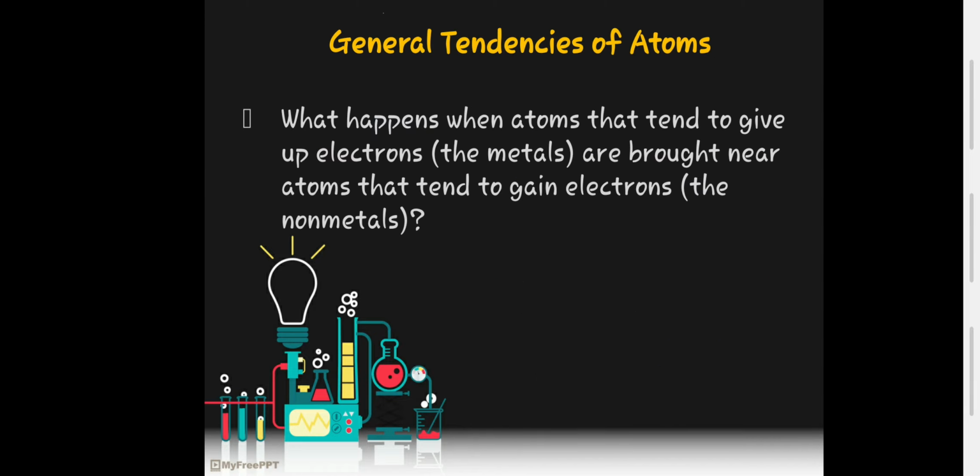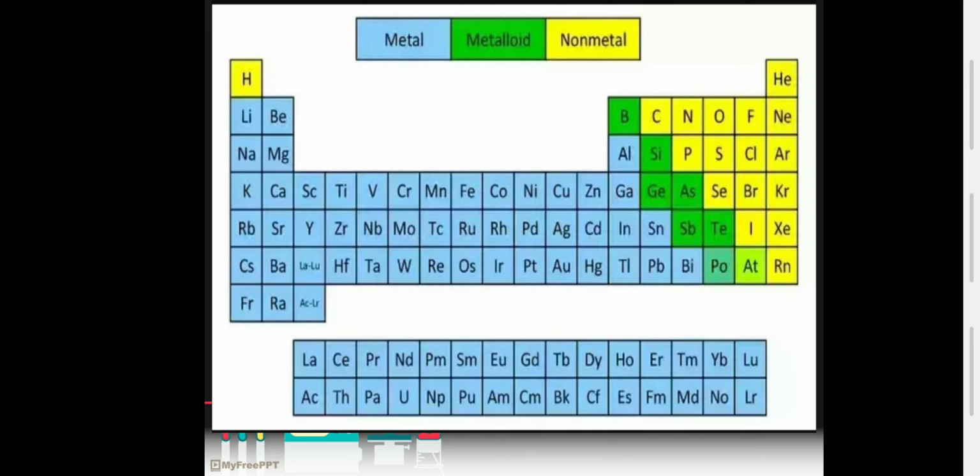Continuing, in general, what happens when an atom tends to give an electron? The metals are brought near atoms that tend to gain electrons, which are the non-metals. Let's take a look at the representation or illustration of the periodic table.